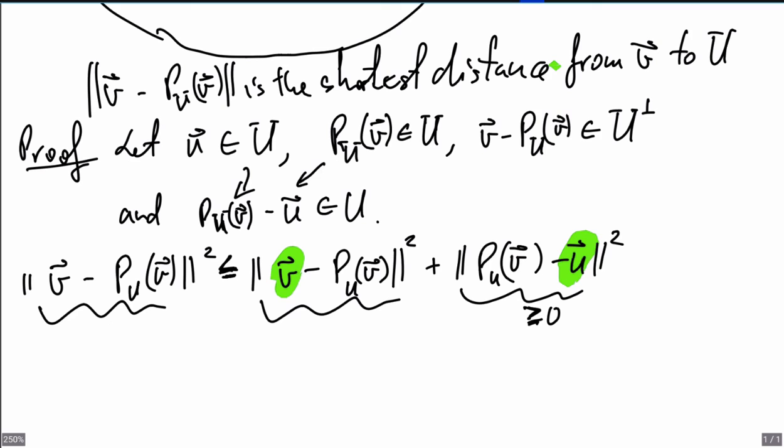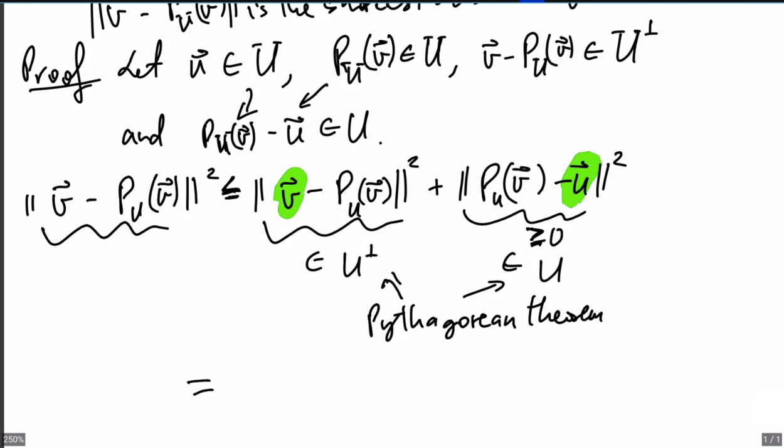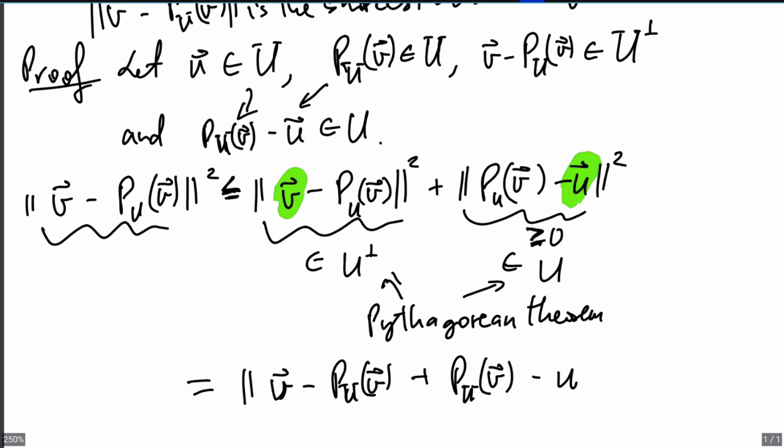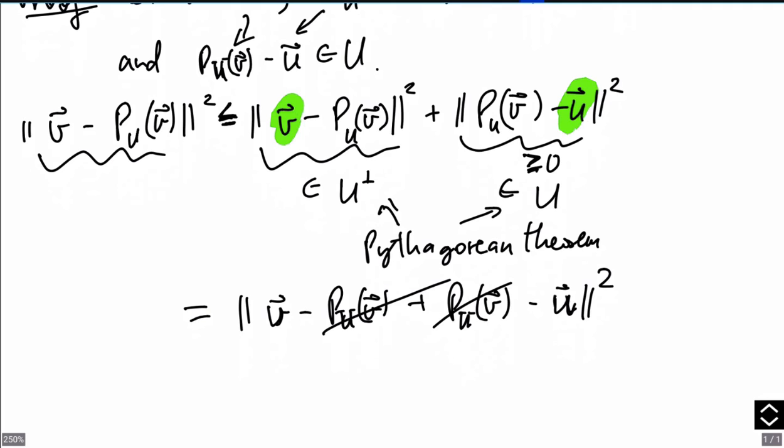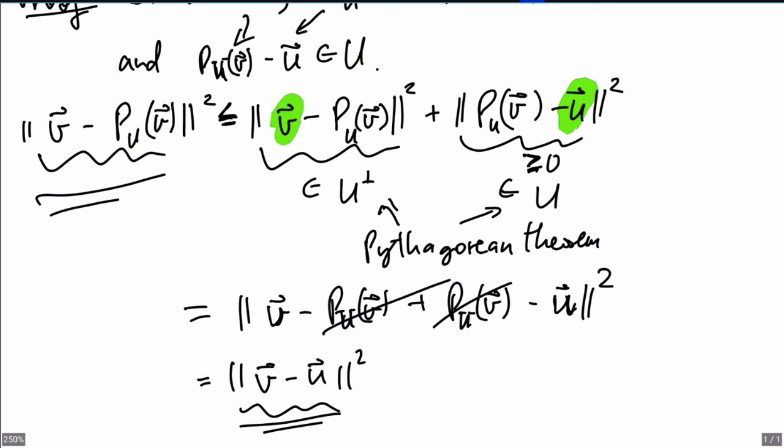And then we use the fact that this is in U perp and this is in U. If we have orthogonal vectors, then we can use the Pythagorean theorem, which says that the sum of the norm squares equals the norm squared of the sum. So we get the norm squared of (v minus P_U v) plus (P_U v minus u), and of course these projections cancel out and we are left with the norm of v minus u squared, which is exactly what the theorem says after taking the square root.